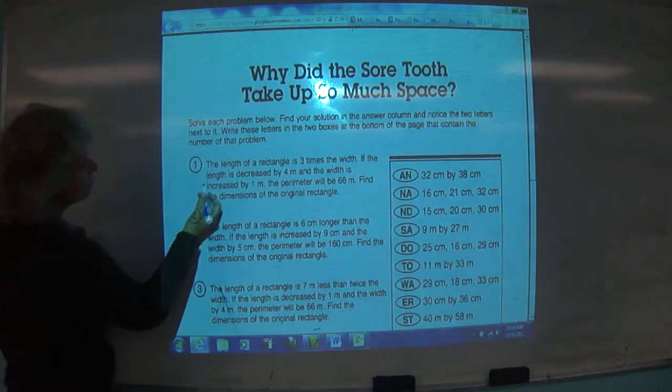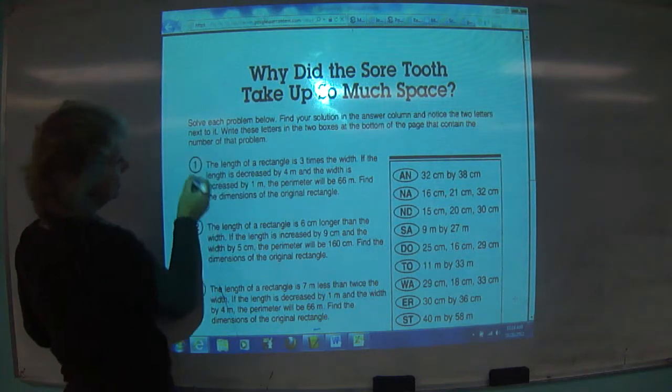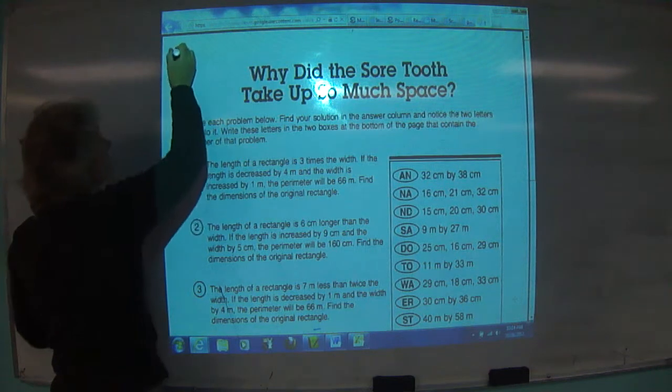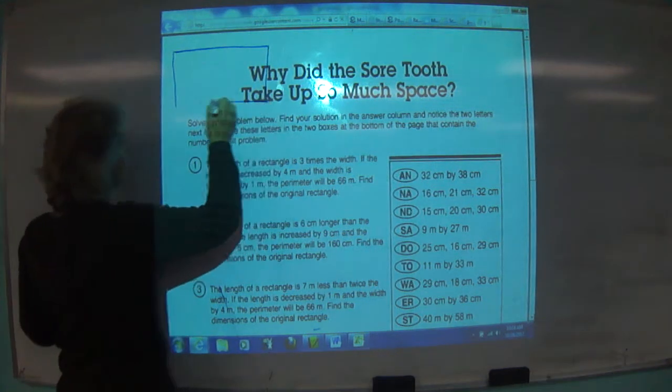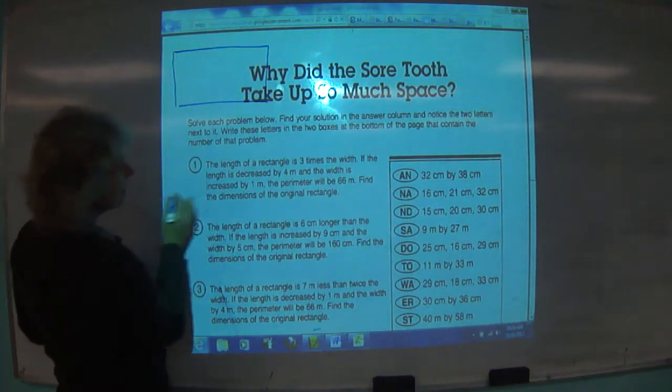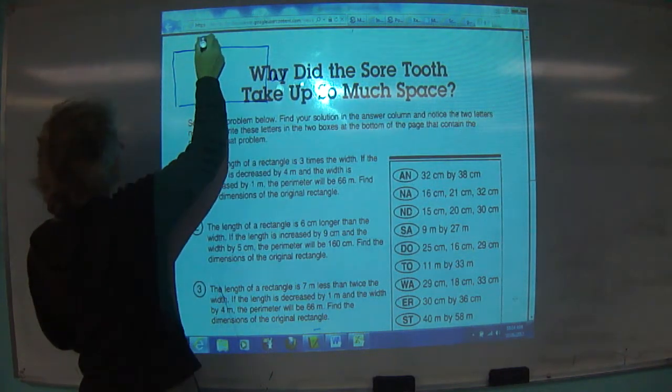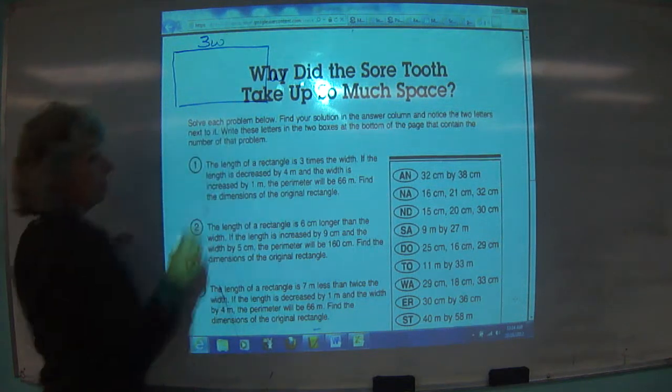So what we're doing is we're trying to find the answer to number 1. We're finding that the length of a rectangle is 3 times the width. So the width is here, and the length is 3 times the width. All right?